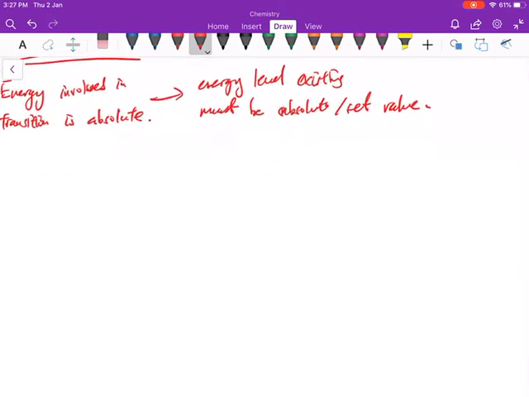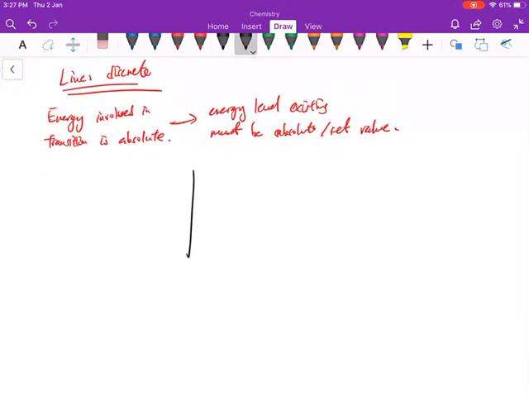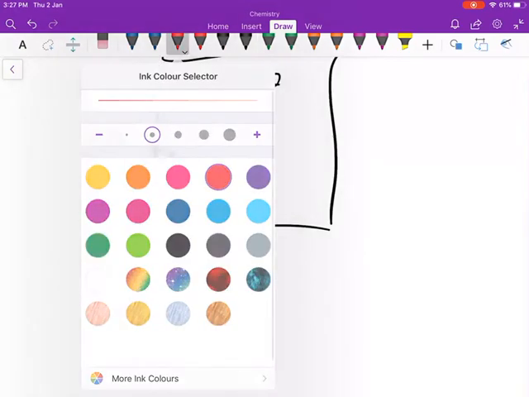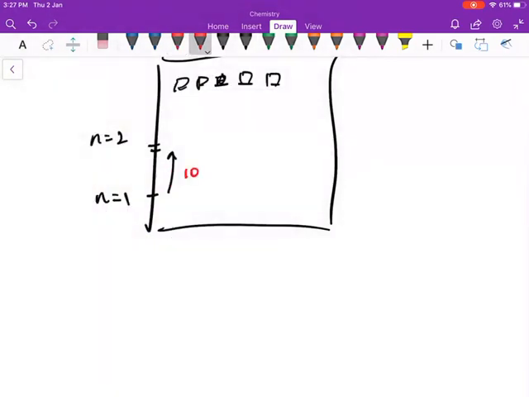Let's think of a metaphor here. You are in a building, and these are the windows. You are trying to get from n equals 1, the first floor, to the second floor. The requirement is you need to walk 10 steps from the first floor to the second floor, and 10 steps from the second floor to the third floor.